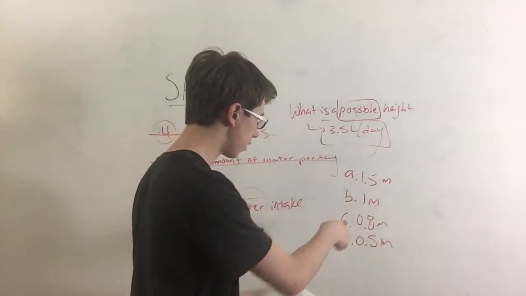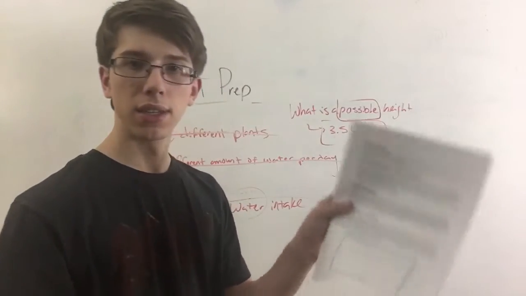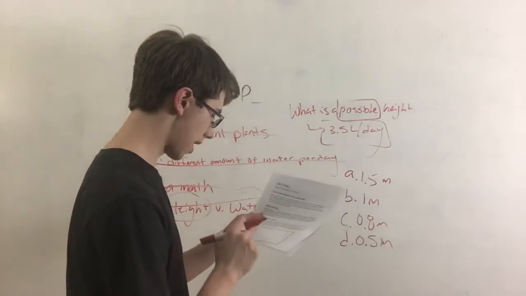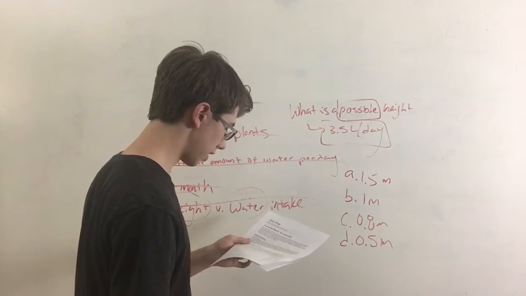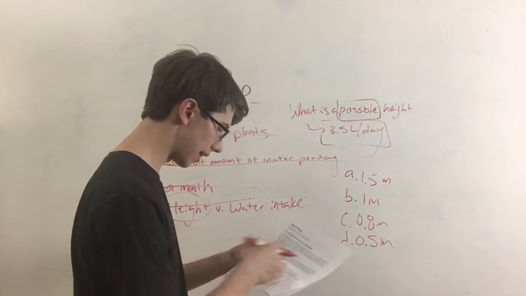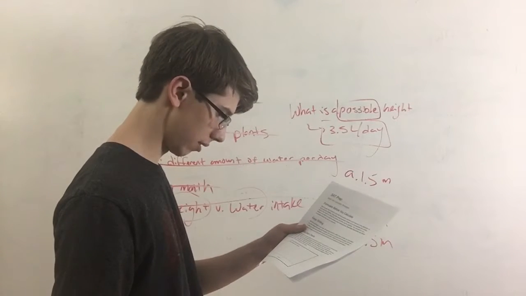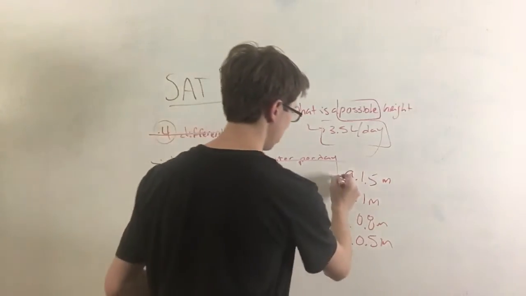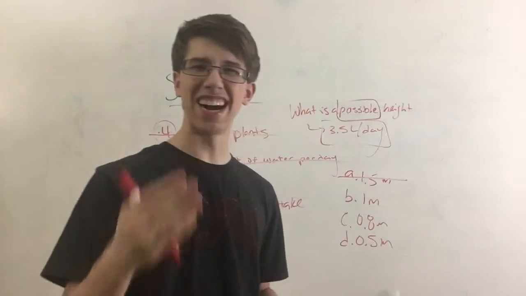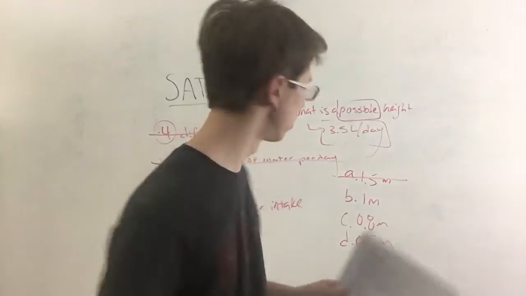So 1.5 meters, well, we see it goes up, but then it goes back down, right? So is it likely that at 3.5 liters it's going to hit that 1.5? Well, not really, okay? So we'll say that it's not likely. Because it's unlikely, we're going to say that it's probably not the answer, okay?